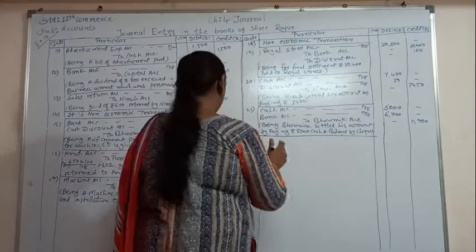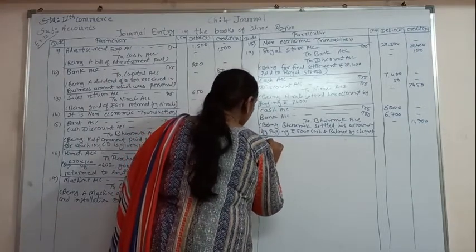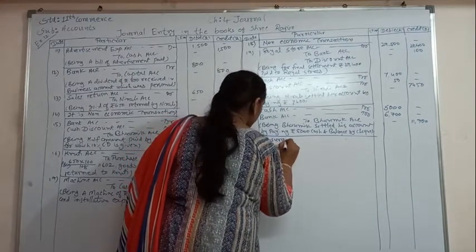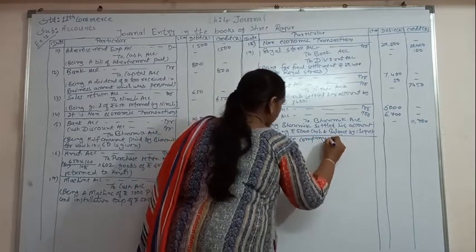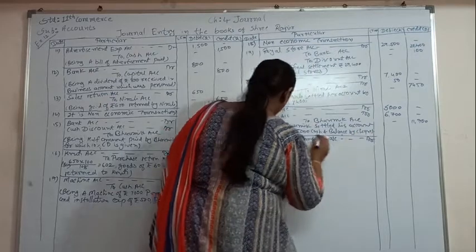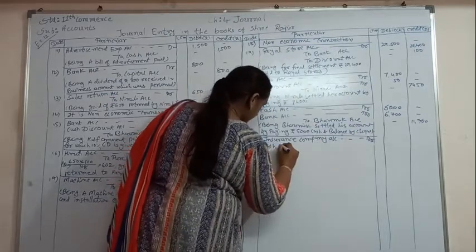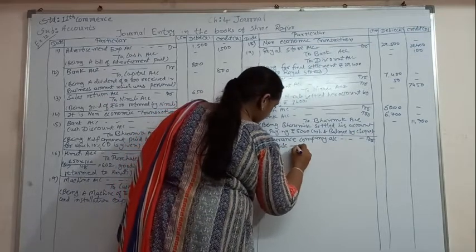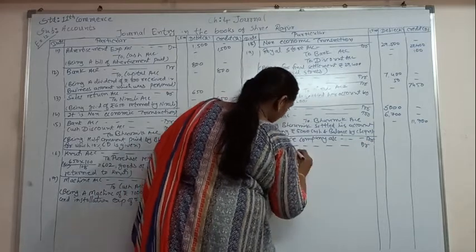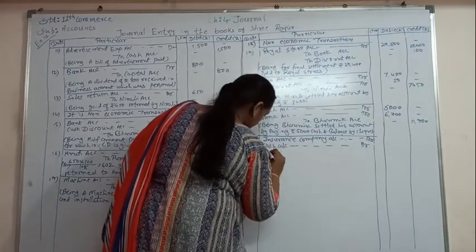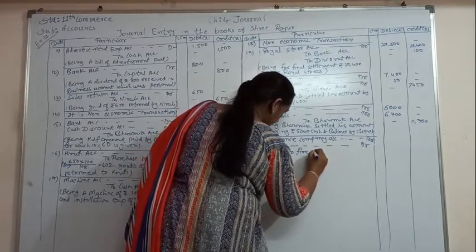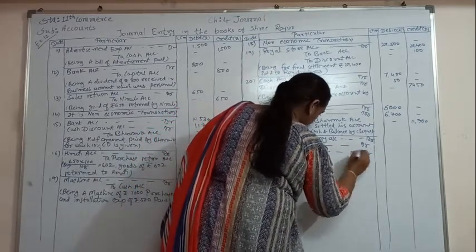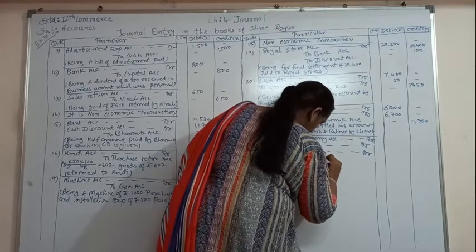So here on 22 insurance company account debit, cash account debit, loss due to fire account debit, to purchase account.